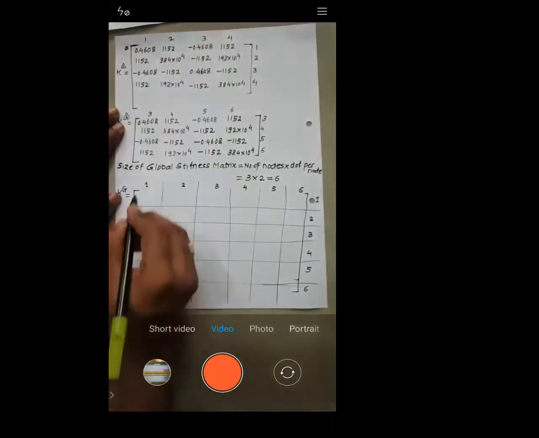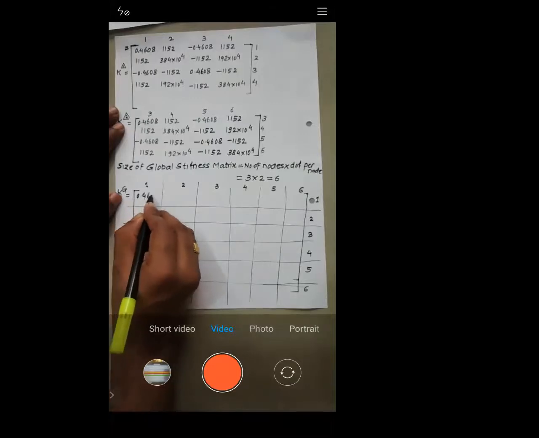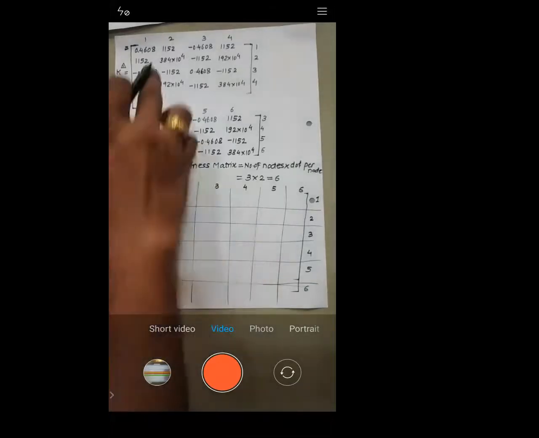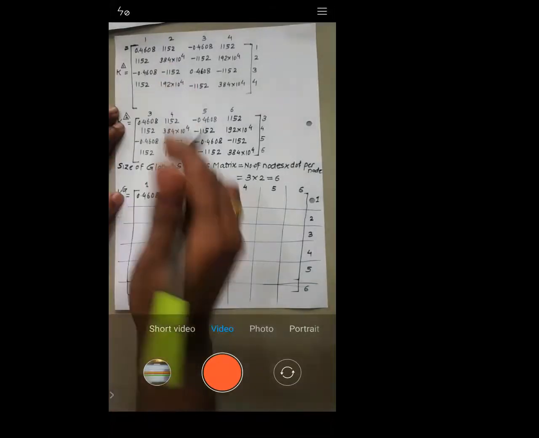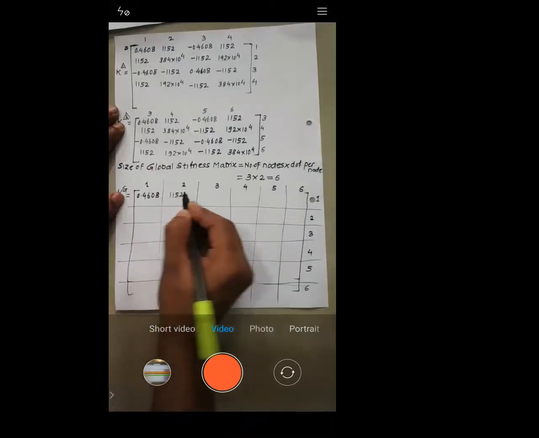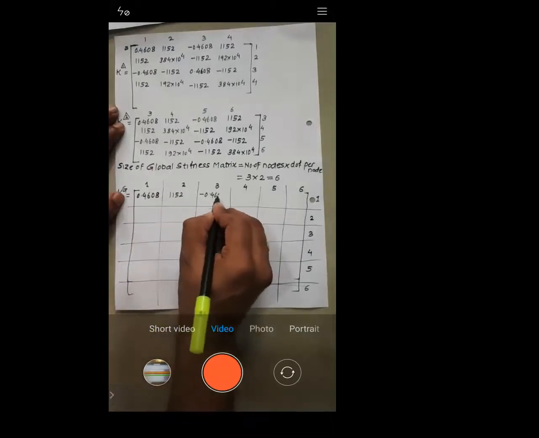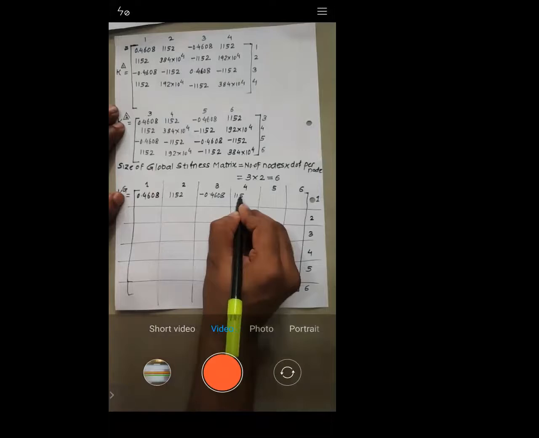1, 1. So at 1, 1, I should have 0.4608. So write down accordingly: 1152, minus 0.4608, minus 1152.